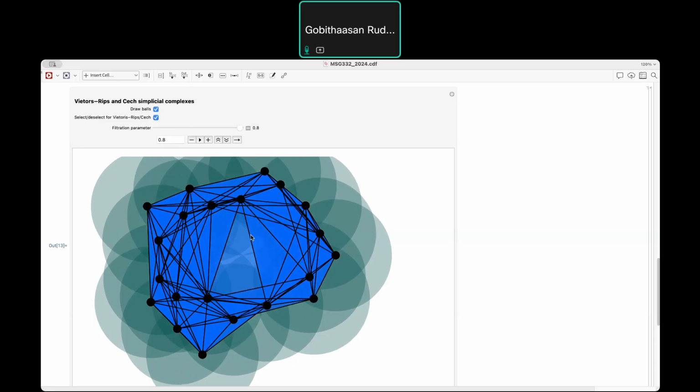This is how we keep track of the birth and death of each so-called feature, either H0, which represents connected components, the zeroth dimensional hole, or H1, which represents the one-dimensional hole.